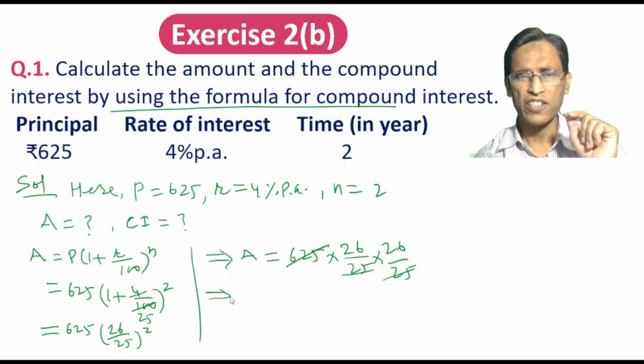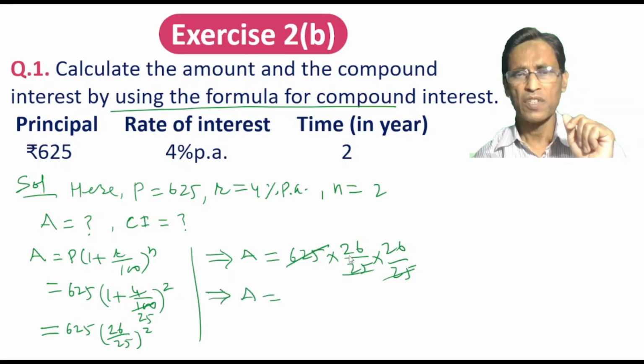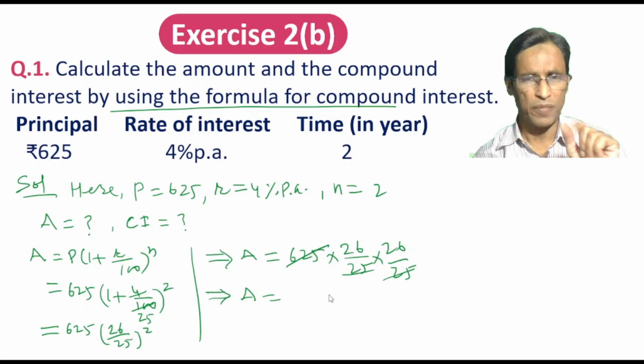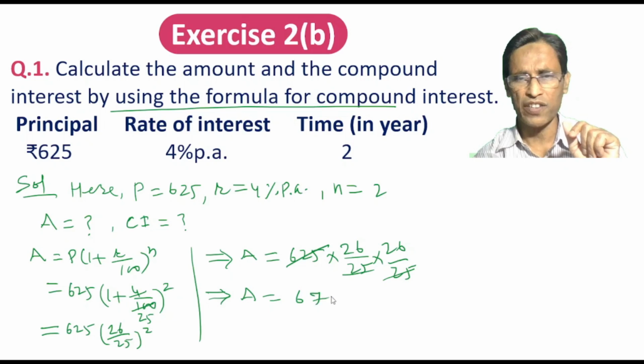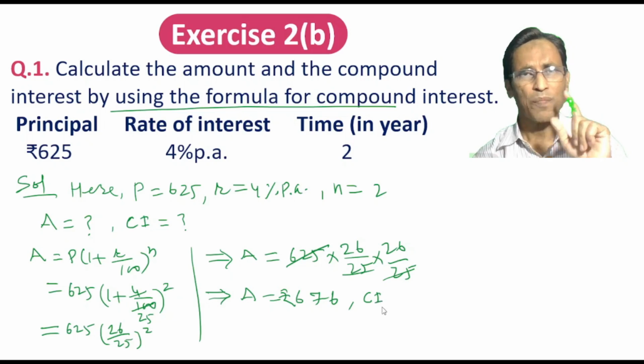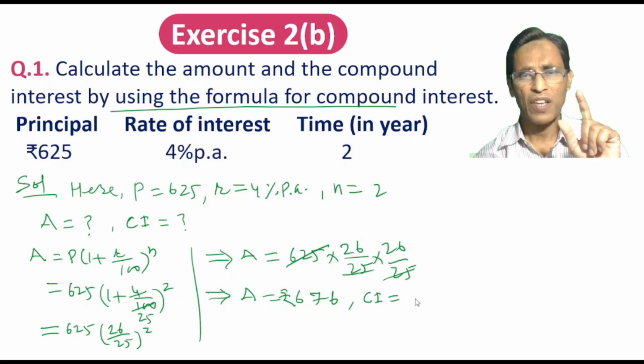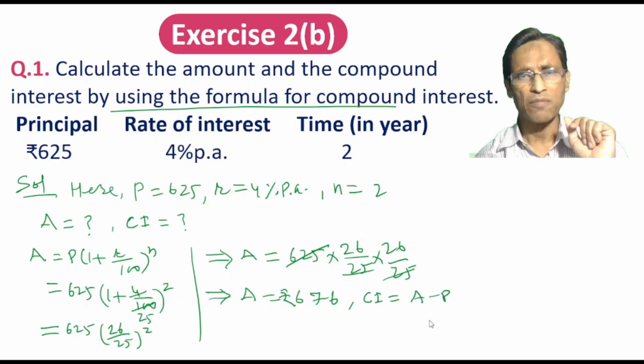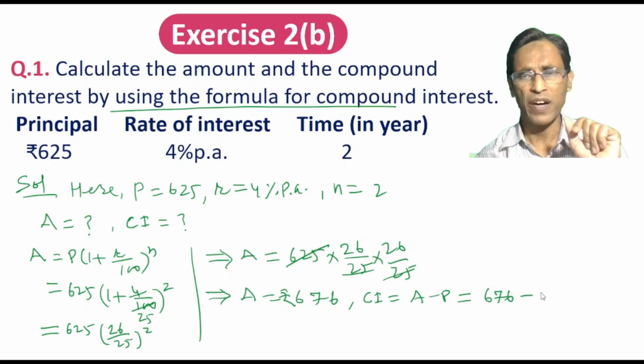In the next step A comes 26 into 26, means 676 in rupees. So the amount is rupees 676, and the compound interest can be given by amount minus principal, and so we replace A by 676 and P by 625.